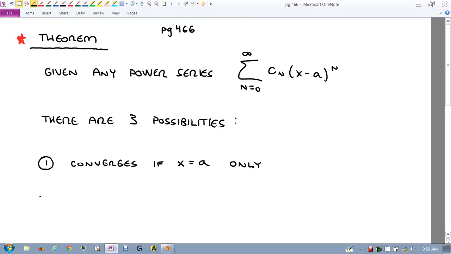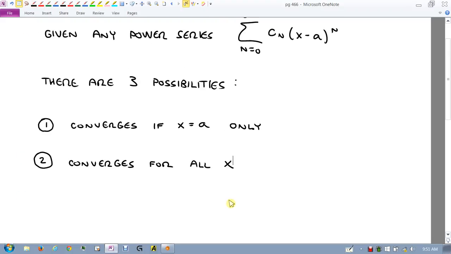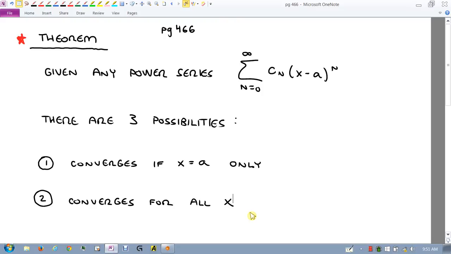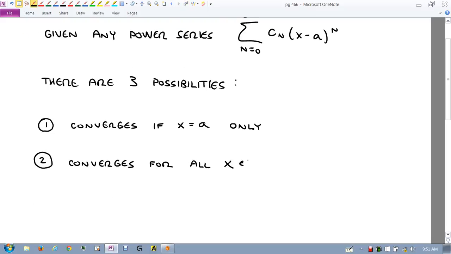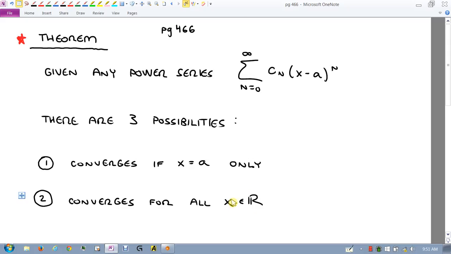So let me write the other 2 so you'll start to see the contrast here, hopefully. It converges for all x, and I'll put element of the real numbers. I put that in there to stress that what this theorem is saying is that if you plug any number in here for x, it will converge.